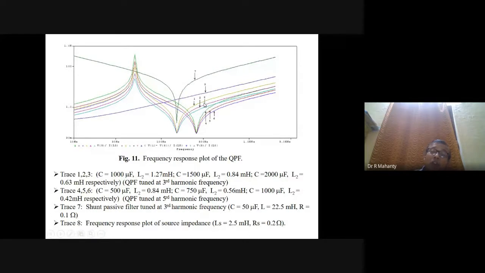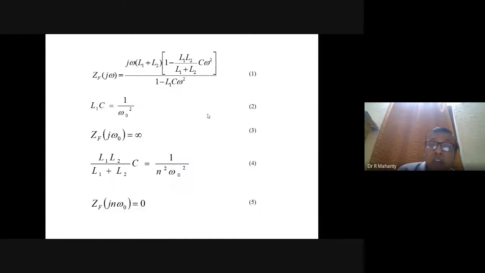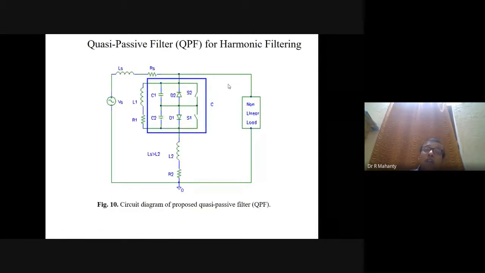So this is for the third harmonic frequency and this is for the fifth harmonic frequency. Therefore, it is evident that the larger the value of capacitance, the better is the filtering effect. But at the same time, if the capacitance value is very large, that means you have to take large values of C1 and C2 here.